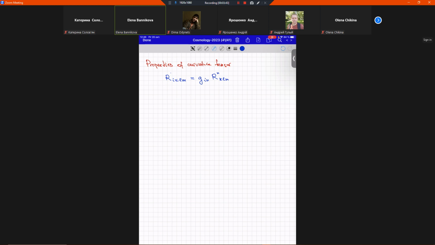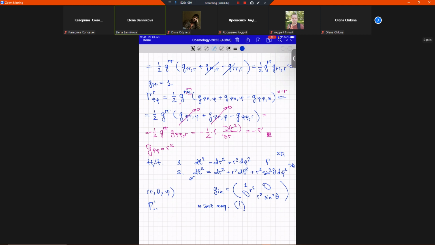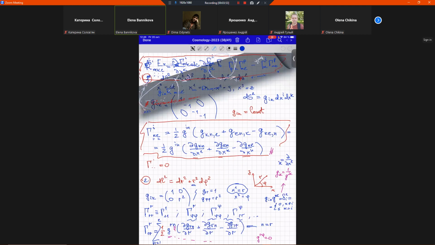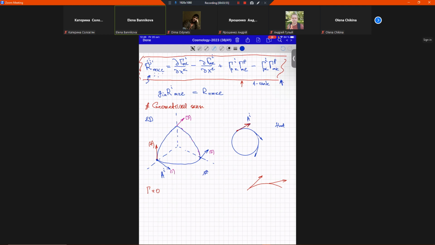What is also important is that since the Riemann tensor can be expressed through the Christoffel symbols, and the Christoffel symbols can be expressed through the metric tensor, in principle the curvature tensor can also be expressed through the metric tensor.